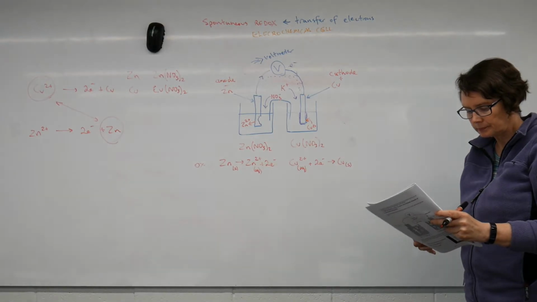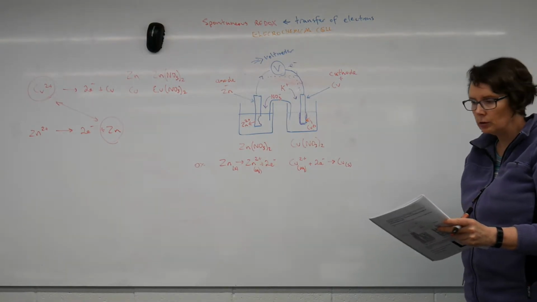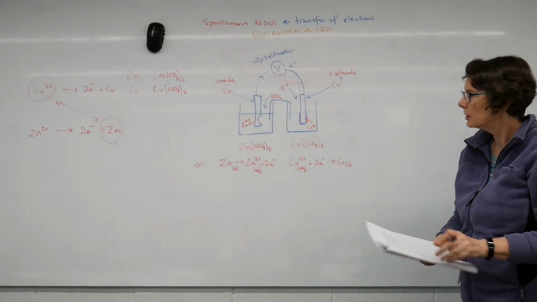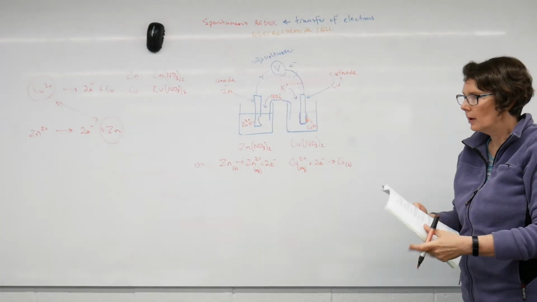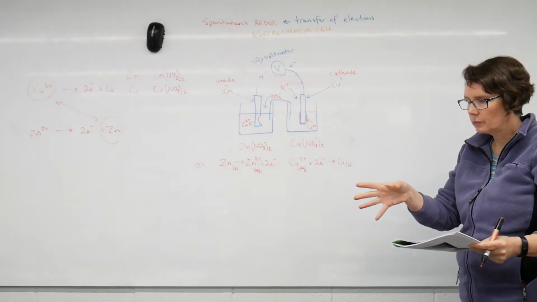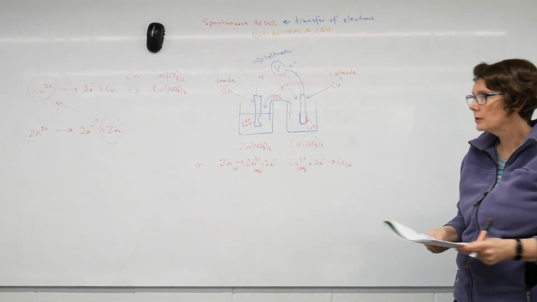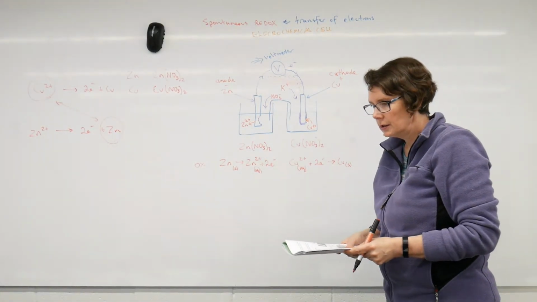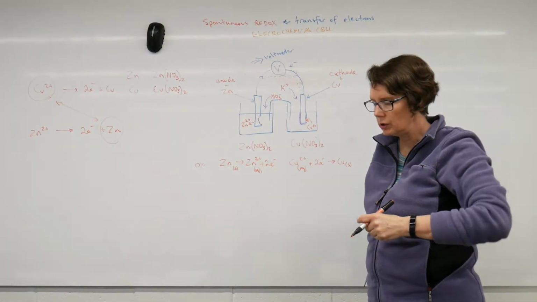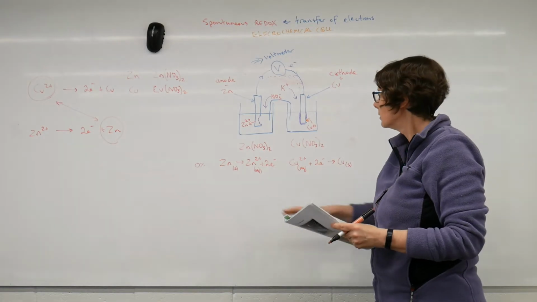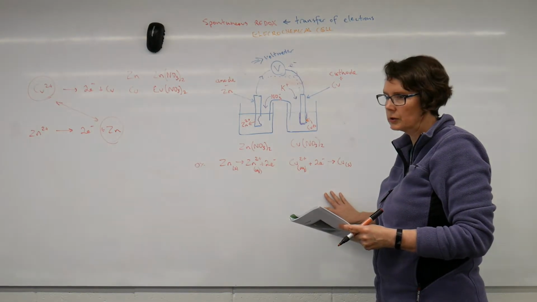And now we're going to be looking at the values on our electrochemical series on your formula sheets. See what is listed as the voltage for each of these half equations.